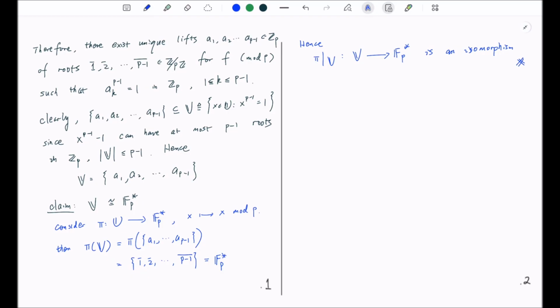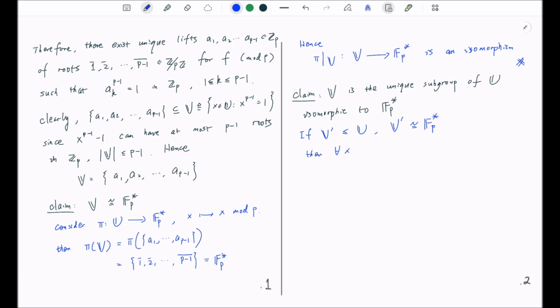And now let us show that V is a unique subgroup of U isomorphic to Fp star. This is also obvious. If V prime is any subgroup of U that is isomorphic to Fp star, then any element in V prime must have an order dividing p minus 1.